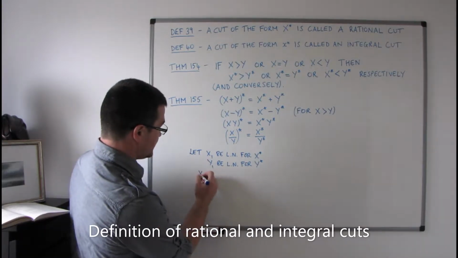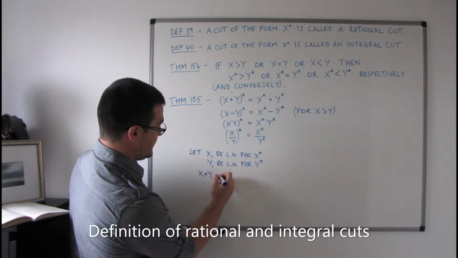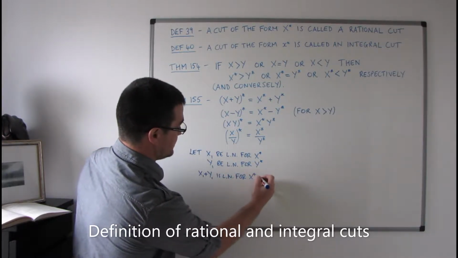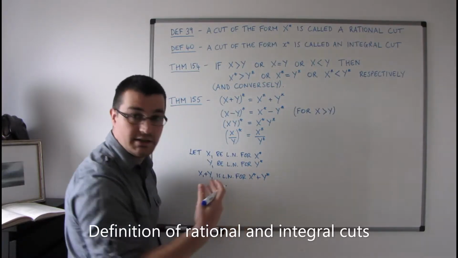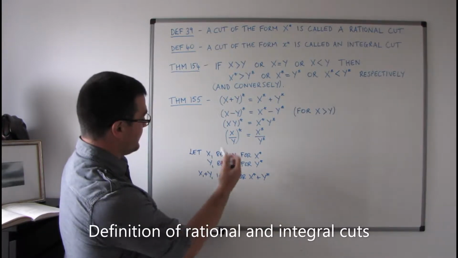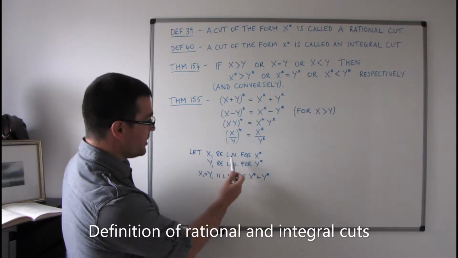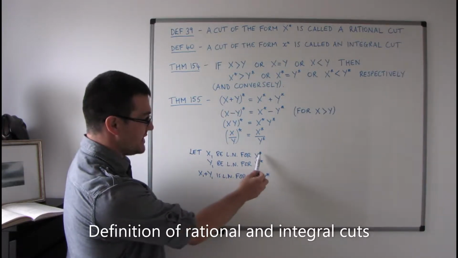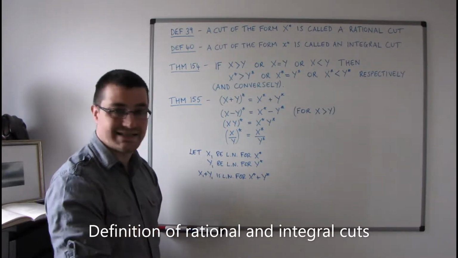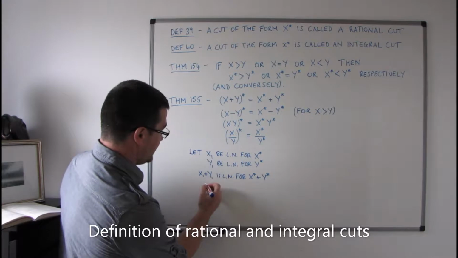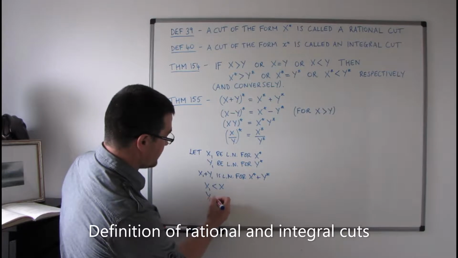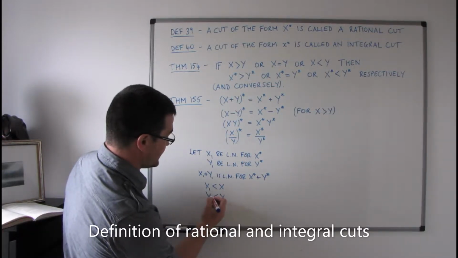So certainly x1 plus y1 is a lower number for x star plus y star, and that's just by definition really. But since x1 is a lower number for x star, and x star is the set of rational numbers less than x, then naturally x1 has to be less than x, and also y1 has to be less than y for the same reason.